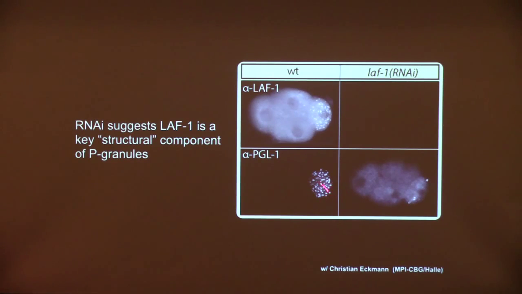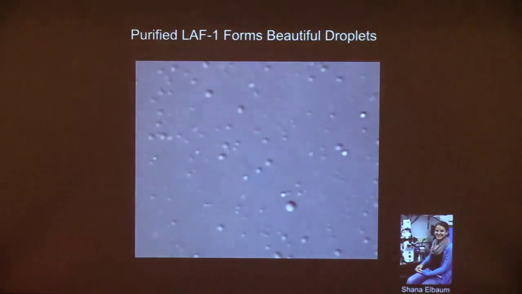This protein PGL1, a classic P granule marker, you don't see much. Maybe a small number of granules remain when you remove LAF1. So it seems like an important protein, and we wanted to understand what's happening from a bottom-up perspective, because inside the cell is very complicated, and there's a lot of proteins and a lot going on.